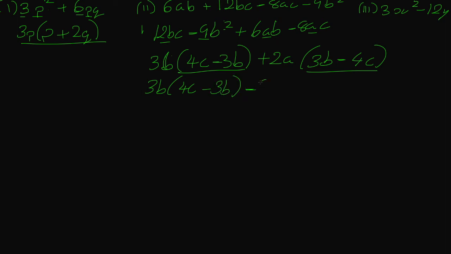So if we change the sign on the 2a, we can then do 4c minus 3b.